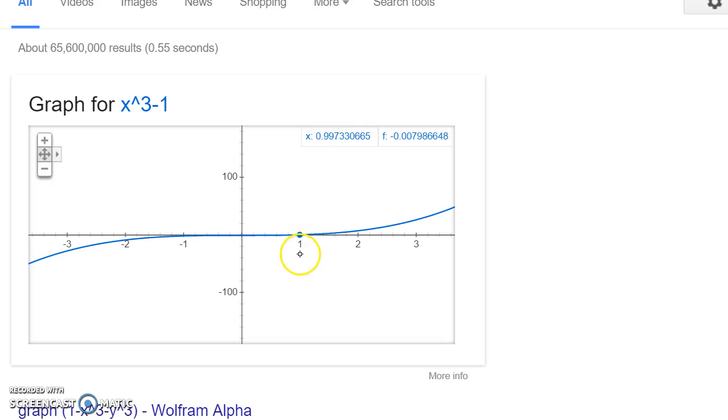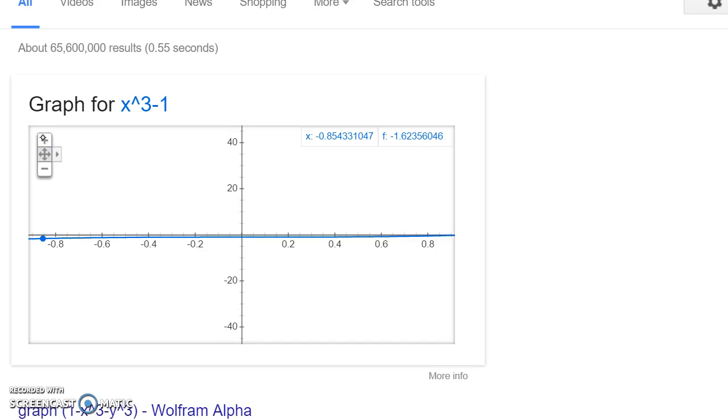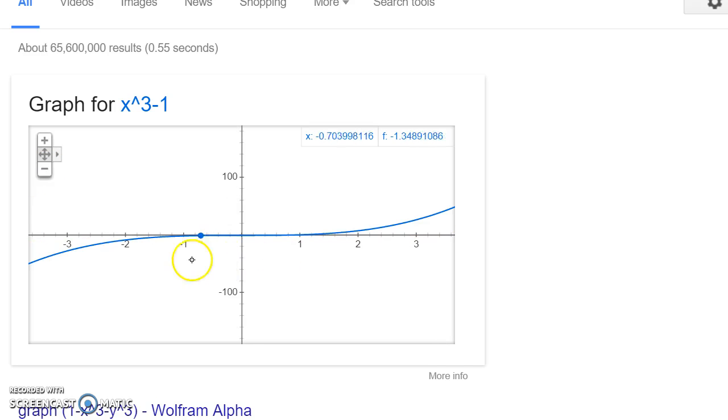Here it is at 1. Notice that's 0. And then it starts to be all negative here. It's kind of hard to tell. It might be easier actually by hand. You can see it's all underneath the x-axis until we get here.